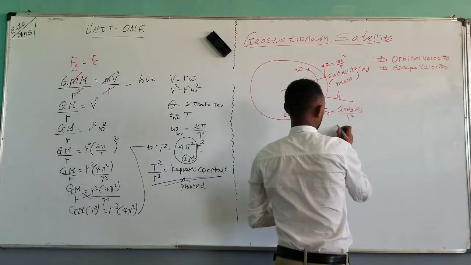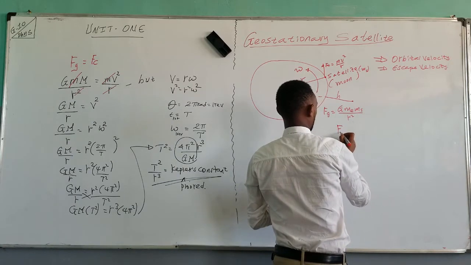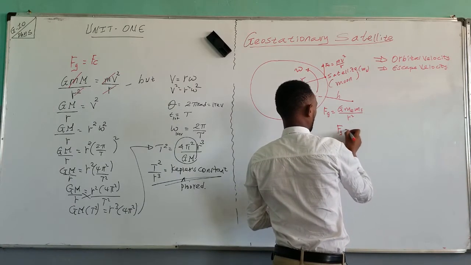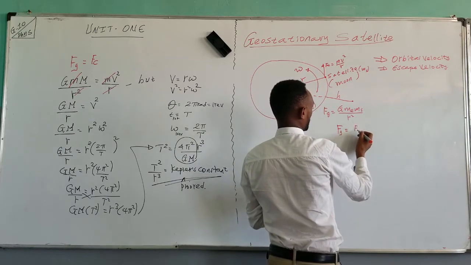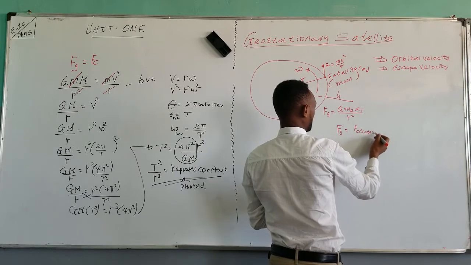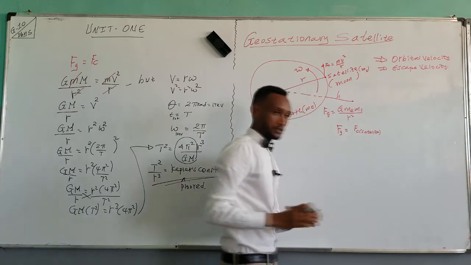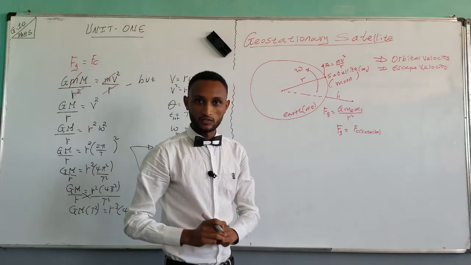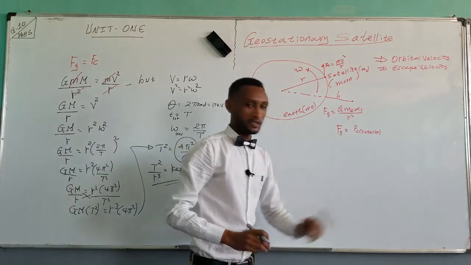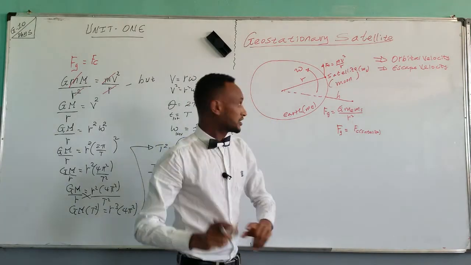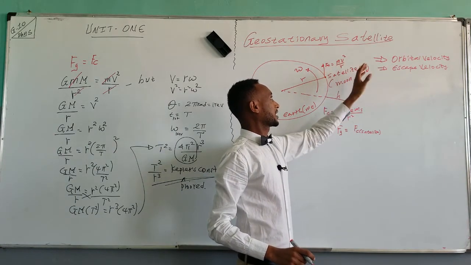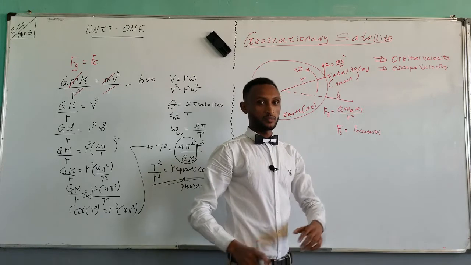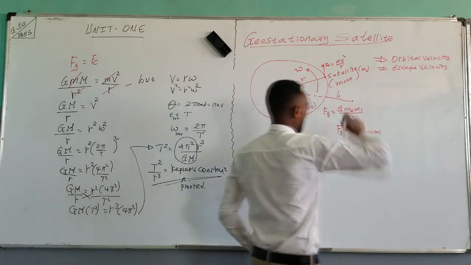The gravitational force of attraction between the mass and the satellite is the same as the centripetal force of the satellite. So the orbital velocity, or the tangential velocity, is the velocity by which the satellite is moving around the Sun.